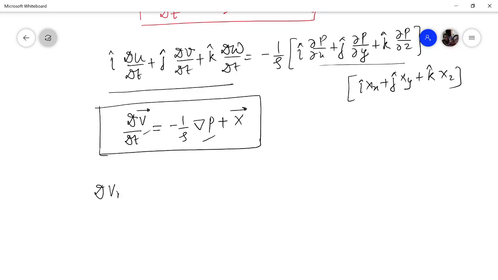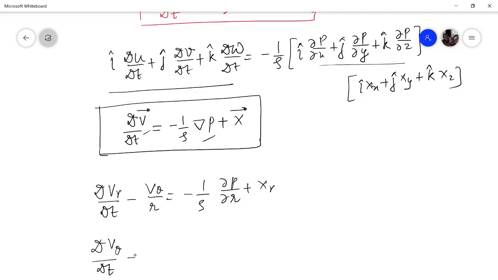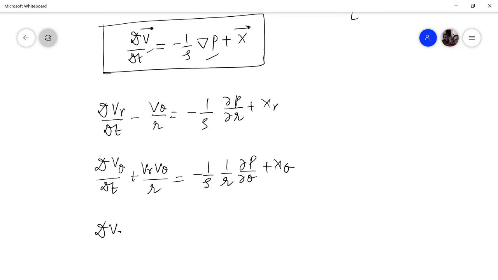Component-wise, for the radial direction: dvr/dt minus vθ²/r is minus 1/rho ∂p/∂r plus Xr. In the theta direction, it is dvθ/dt plus vr vθ/r is minus 1/rho 1/r ∂p/∂θ plus Xθ, and in the z direction this will be dvz/dt, and that will be equal to minus 1/rho ∂p/∂z plus Xz.